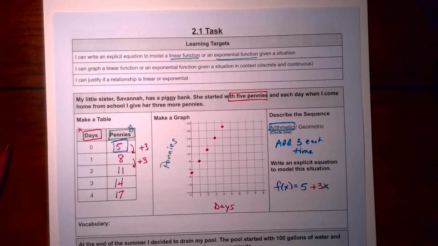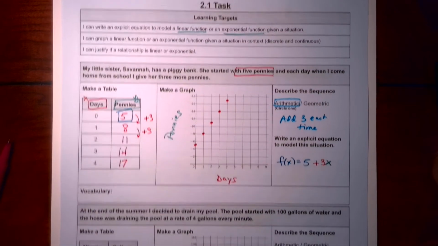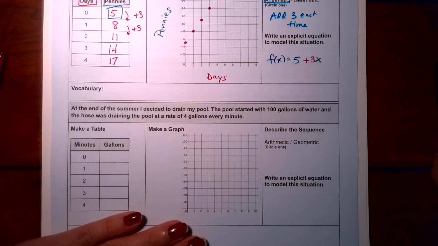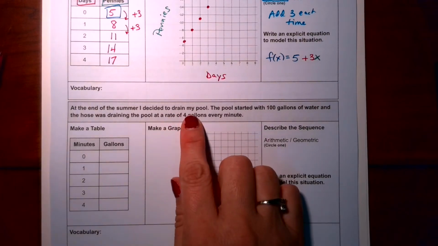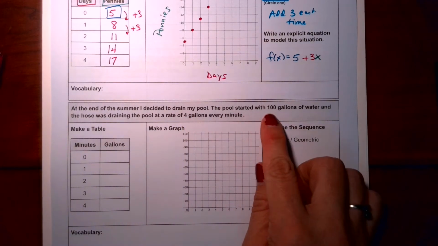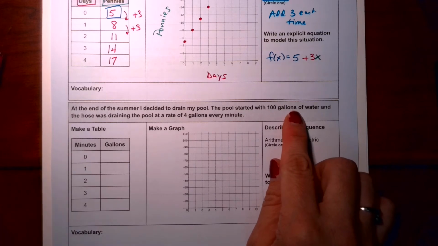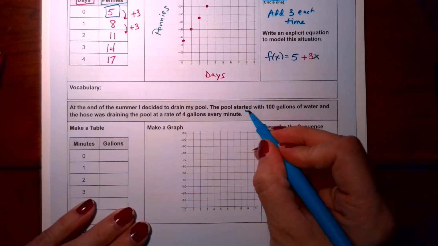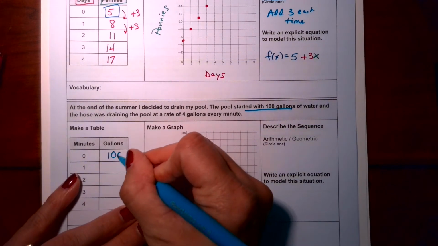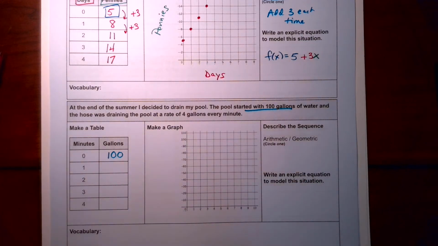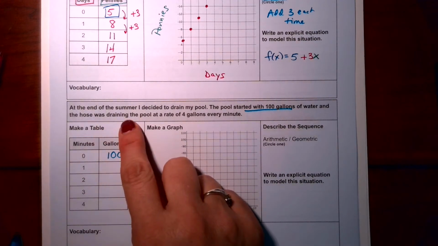Okay, let's keep going. Example number 2. At the end of the summer, I decided to drain my pool. The pool started with 100 gallons of water. Okay, there's the starting number, 100 gallons of water. Okay, and the hose was draining the pool.